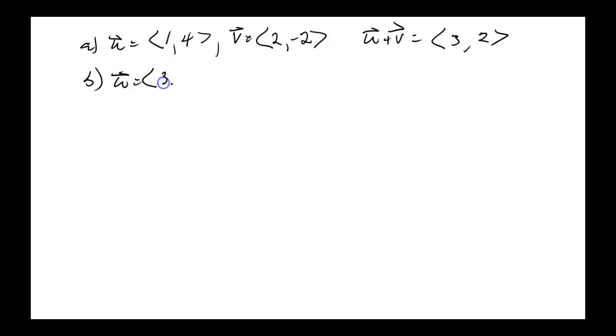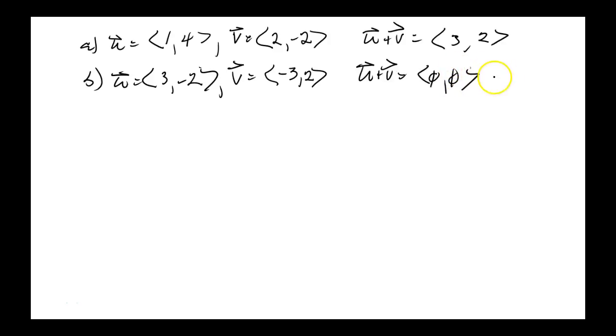B would be U equal 3, negative 1, not negative 2. V equal negative 3, 2. U plus V would be the 0 vector, 0, 0, and we denote that as 0 with a vector sign. Okay.